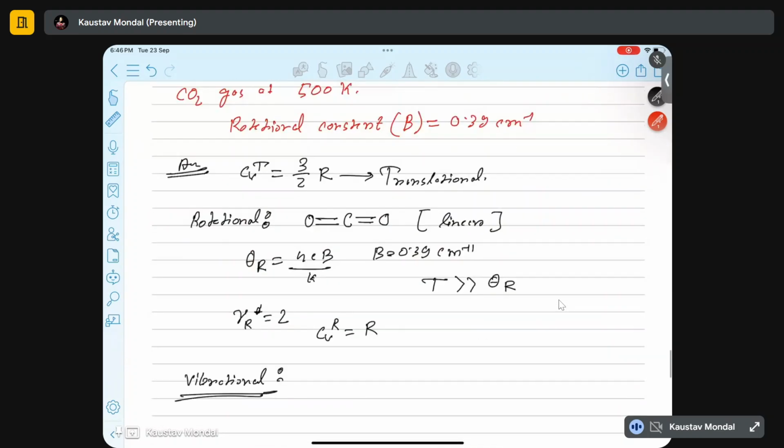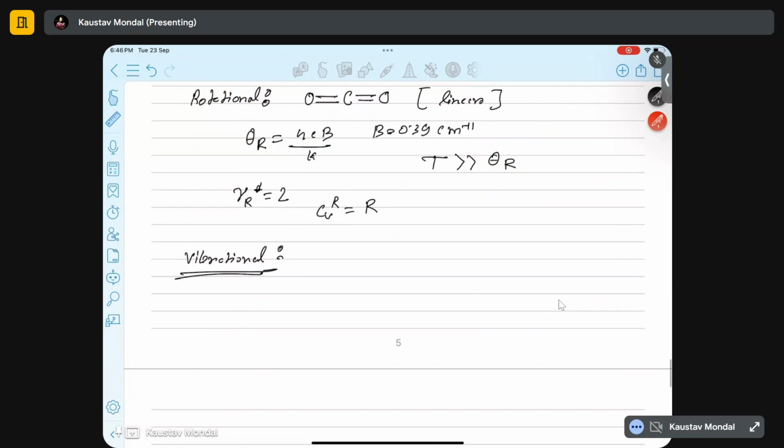For that you need the frequency, or the wave number, of the modes of vibration, and from there you calculate theta V, which is simply hc nu bar by k. Let's think there are multiple modes of vibration. Suppose one mode has nu 1 bar, one mode has nu 2 bar, one mode has nu 3 bar, like this.